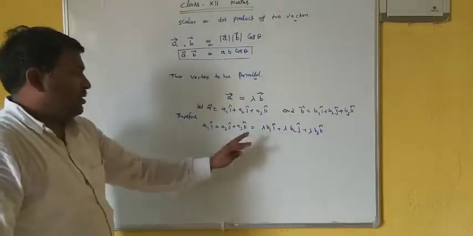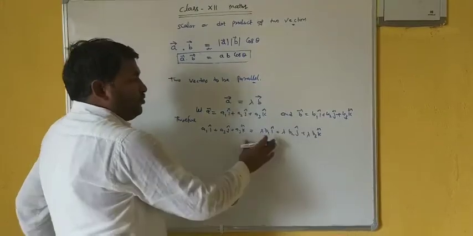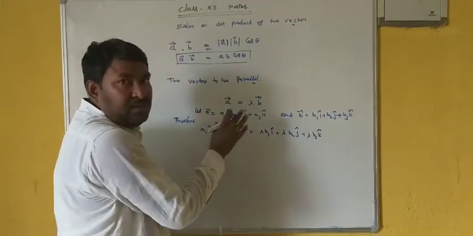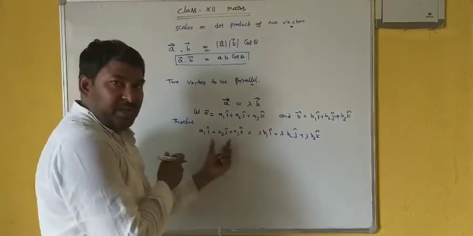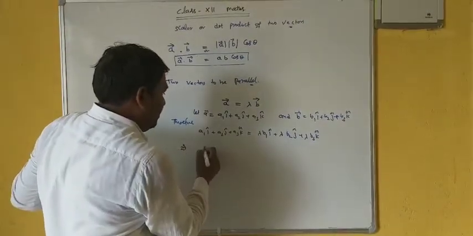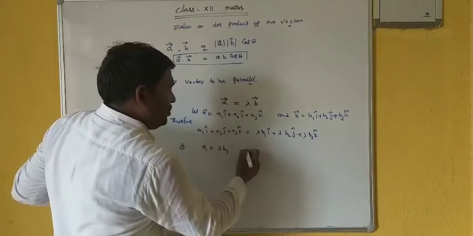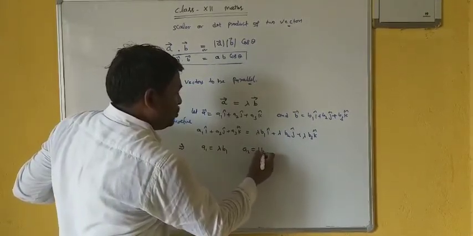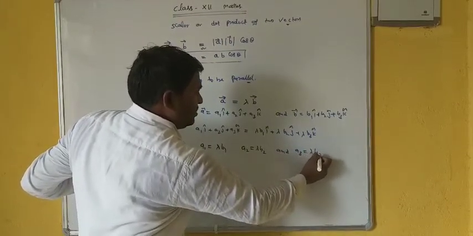From here, these two vectors are equal. If two vectors are equal, then the coefficients of i, j, k cap will also be equal. It implies that a1 will be equal to lambda b1, a2 will be lambda b2, and a3 will be equal to lambda b3.